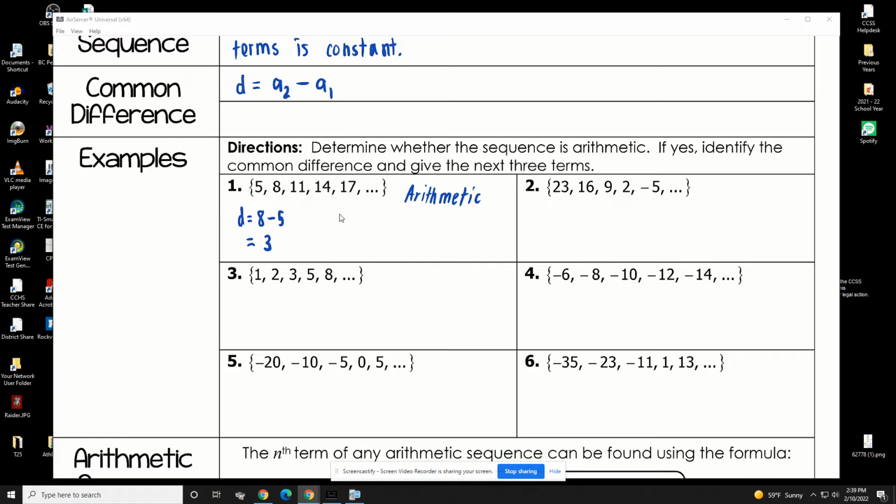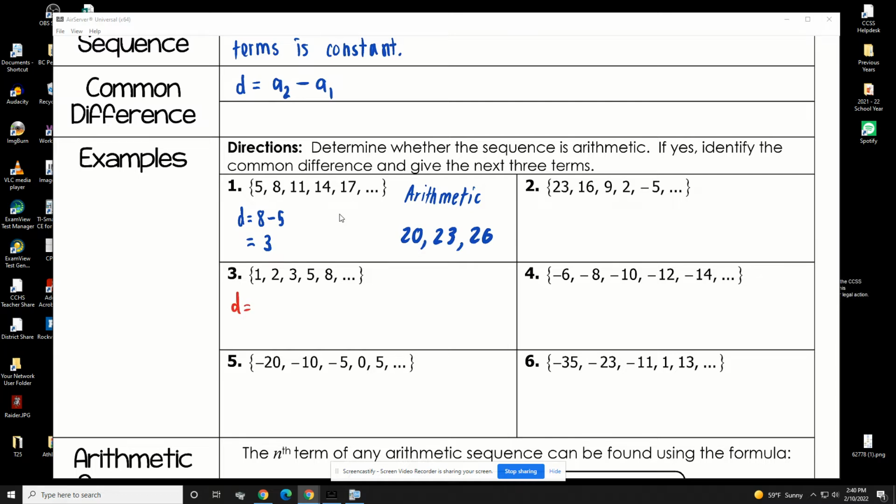The question asks for the next three terms, so let's just keep adding 3. 17 plus 3 is 20, 23, 26. That's all there is to determining whether a sequence is arithmetic. You take the second term, subtract the first term, and then double check that it continues to happen. Let's look at the very next example.